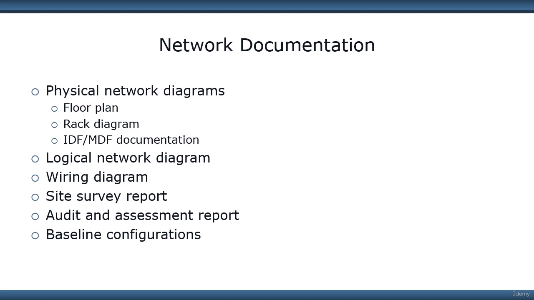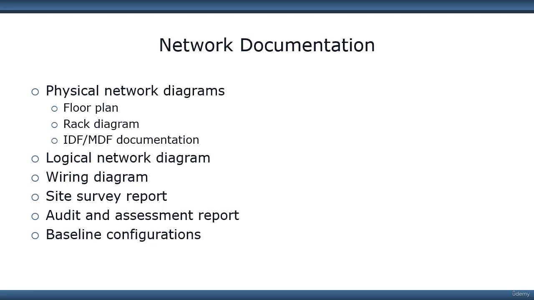It's not a physical diagram per se. It's not showing each and every system. It's more about, okay, this subnet is connected to this router is connected to this firewall is connected to the internet. That's a logical network diagram, whereas a wiring diagram is more physical, showing the wires from the wall jacks to the wiring closet.